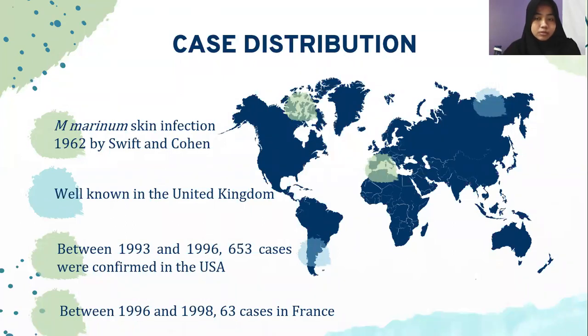The case distribution of fish tank granuloma: Mycobacterium marinum skin infection was first detected in 1962 by Swift and Cohen, and is well known in the United Kingdom. Infection of humans with M. marinum after fishing, boating, and other exposure to salt and brackish water has also been described.